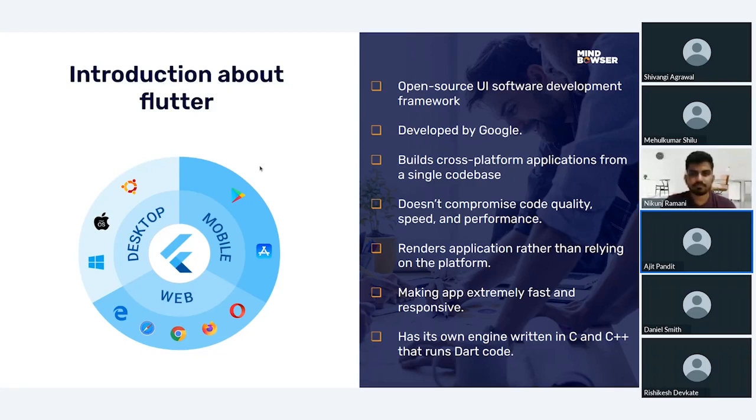It is used to build cross-platform applications for different platforms from a single code base without compromising on code quality, speed, and performance. It renders applications rather than relying on the platform to do so, making apps extremely fast and responsive. Also, it has its own engine written in C and C++ that runs Dart code.